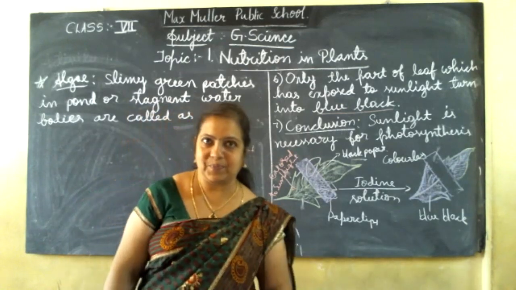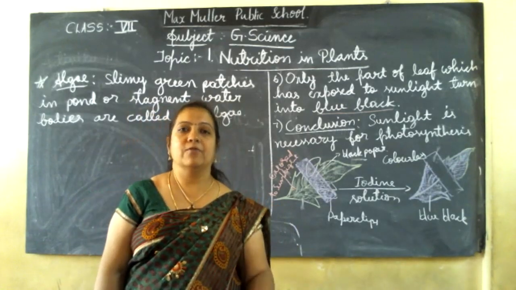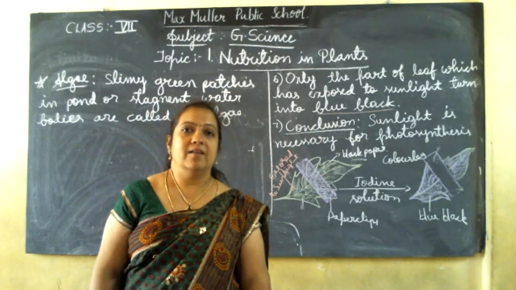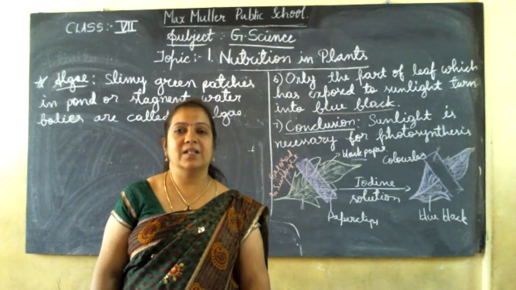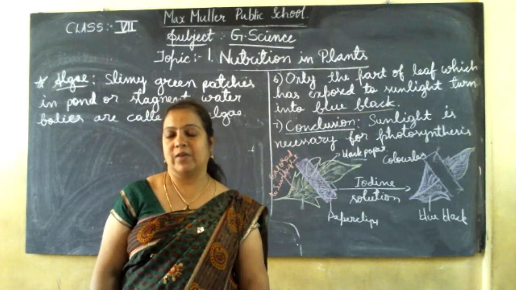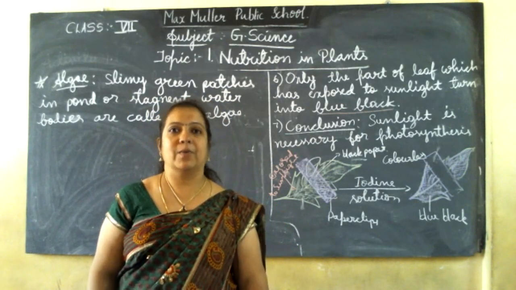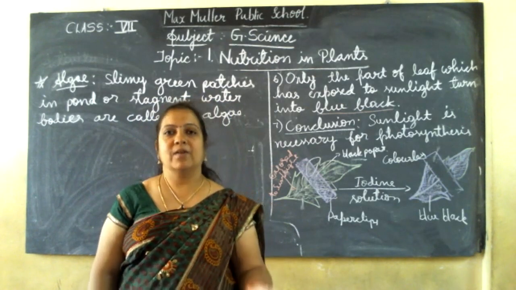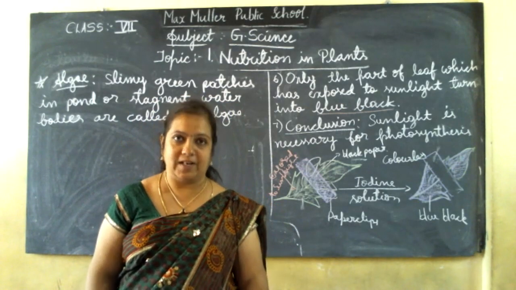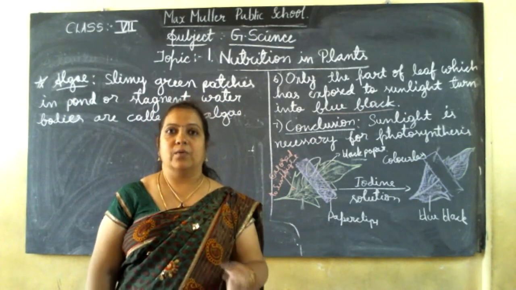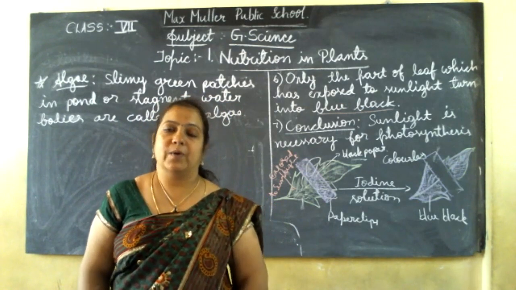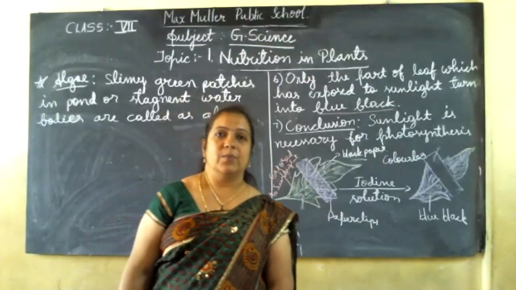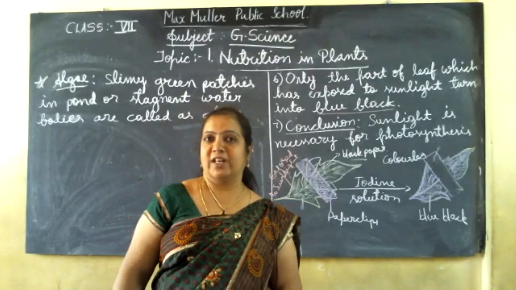When we eat food, it has not only carbohydrate or starch, it has vitamins, proteins, minerals, all the things, whether it is a fruit, vegetable or leafy part, any part of the plant we eat as food has all types of nutrients. So if only carbohydrate is prepared, it is not enough for us, is it? No. So the plant is able to prepare the other types of nutrients also.